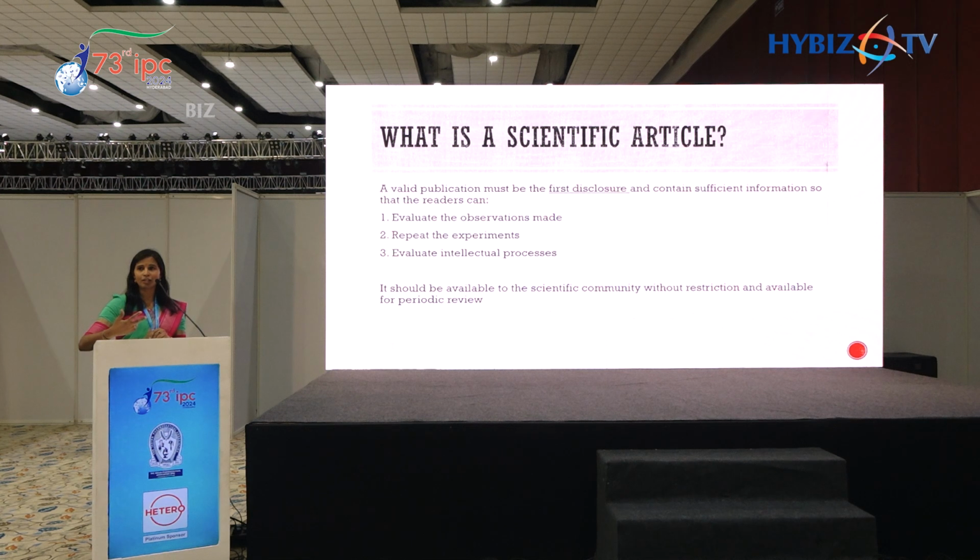When I say intellectual process, it's not just methodology in the lab. It's about how you talked about the objective, how you did the methods, how you presented the result and arrived at the discussion.